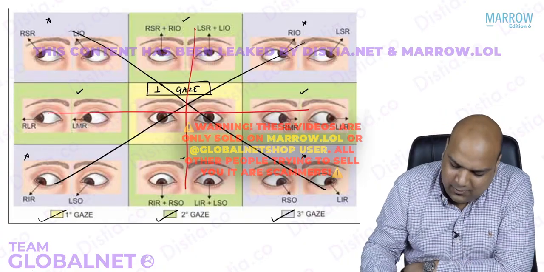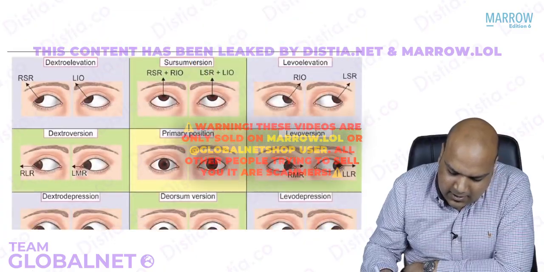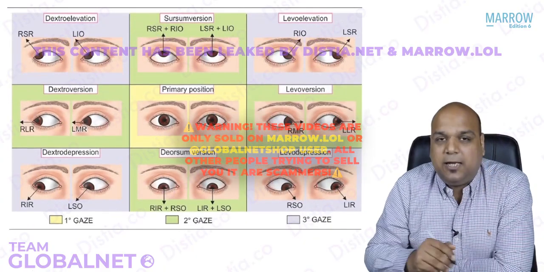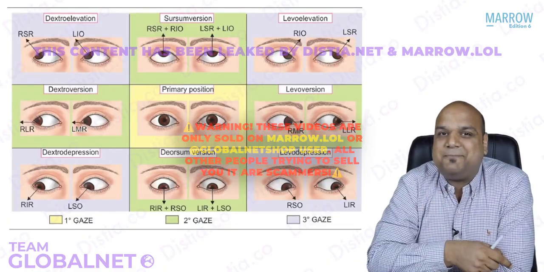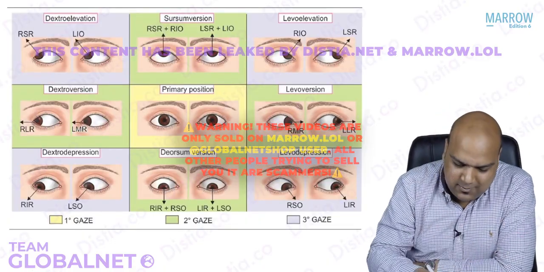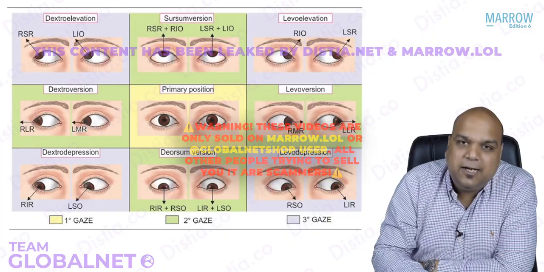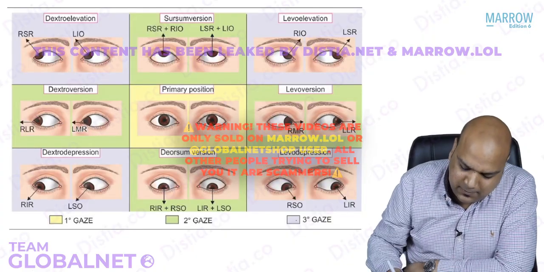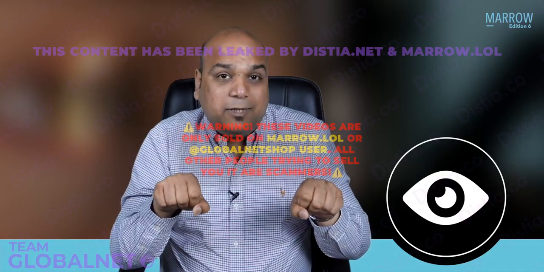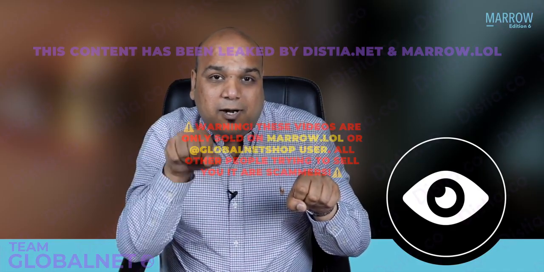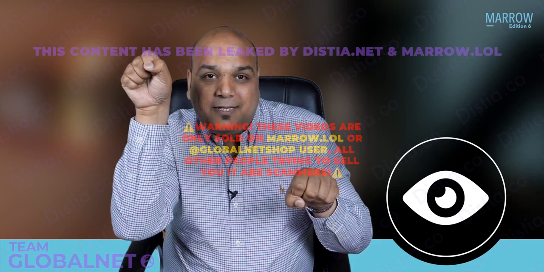Am I clear? Now, if I re-show you this diagram, this can be a diagram which tells you all the directions of gaze, the names, and the yoke muscles responsible. So for example, everybody, dextro elevation is purple color. That means a tertiary gaze. Dextro elevation means both eyes going up and to the right. So right eye going up and abduction.